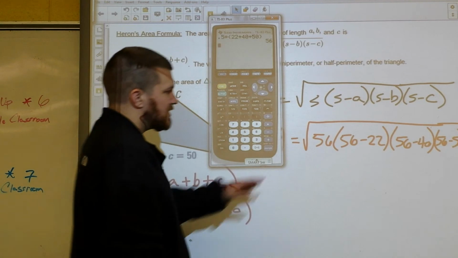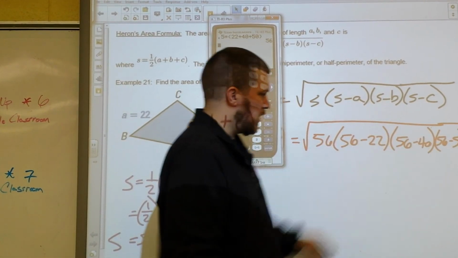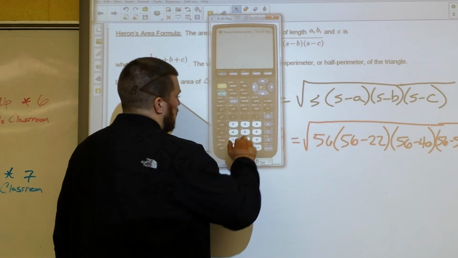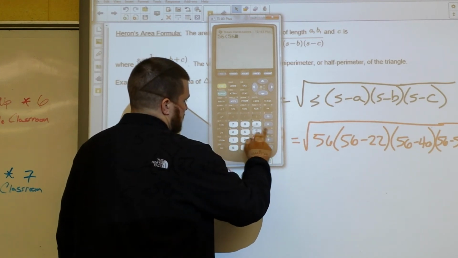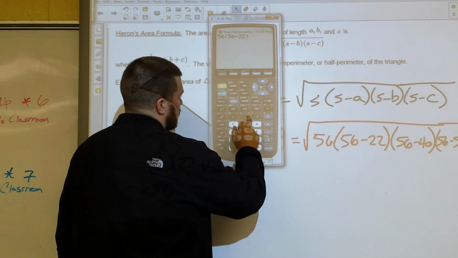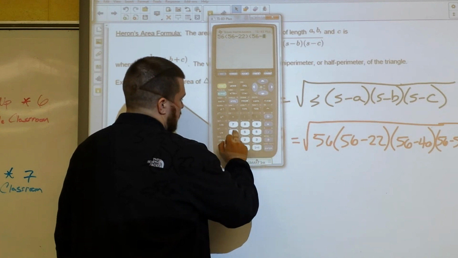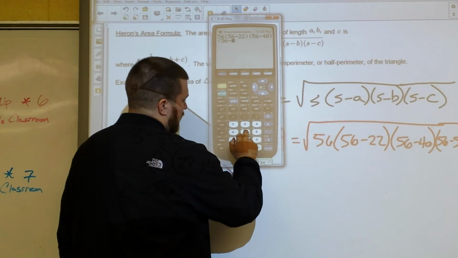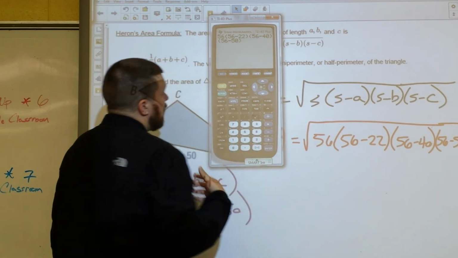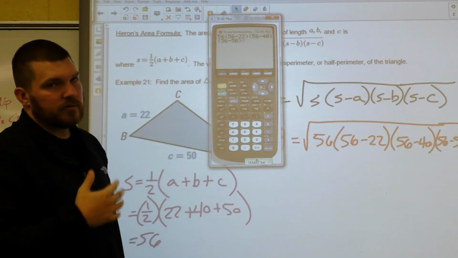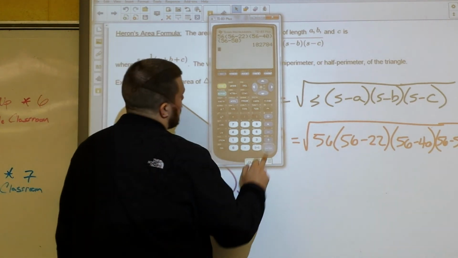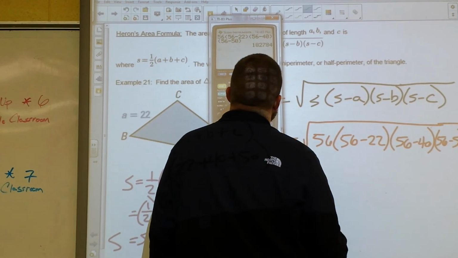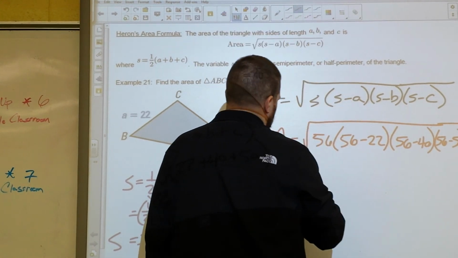I'm going to do the inside of the square root first. Okay, so I'm not worried about the square root symbol yet. Again, baby steps. The 56 parentheses 56 minus 22 parentheses 56 minus 40 parentheses 56 minus 50 close parentheses. You have to do all the parentheses, otherwise it will not come out correctly. So I get 182,784.